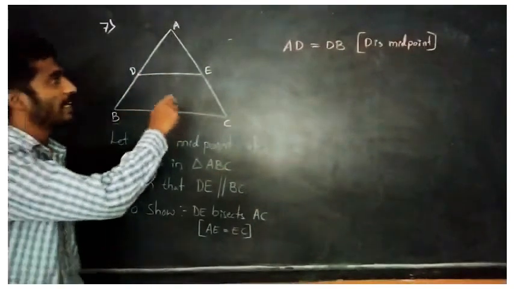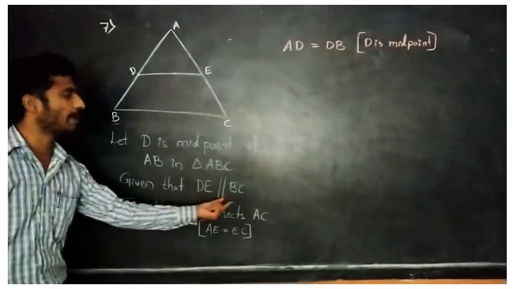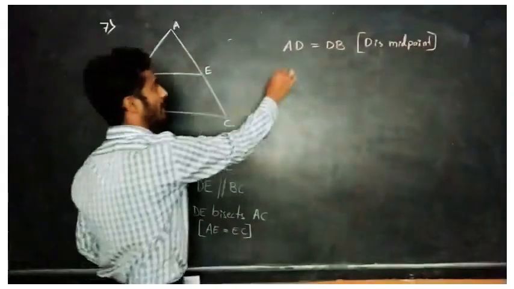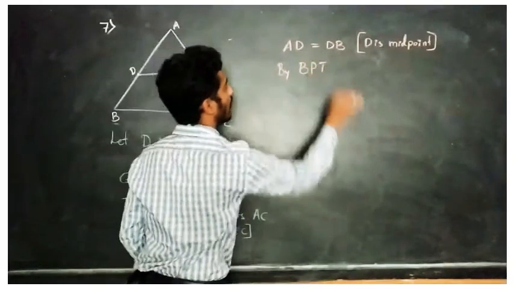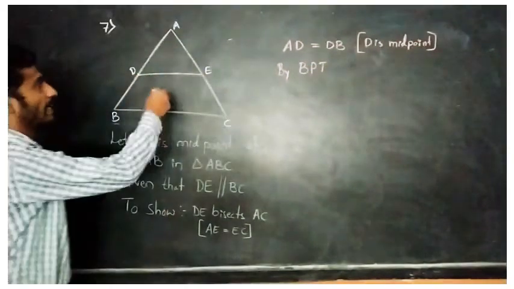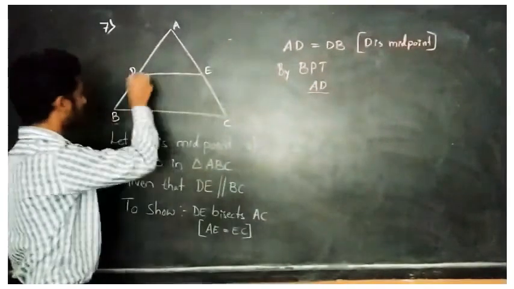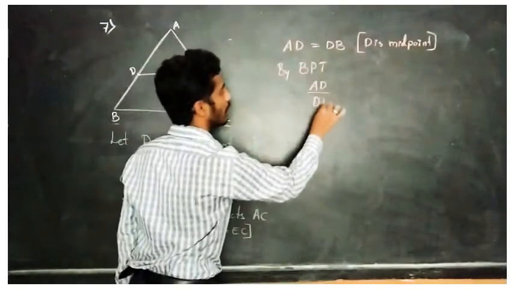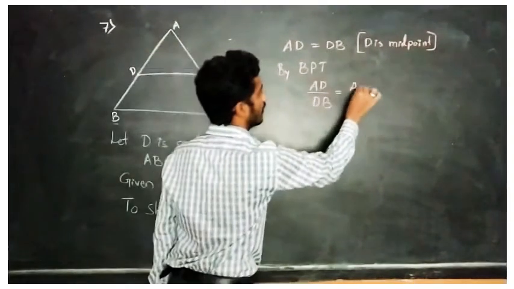That's why AD equal to DB. And another thing they given, DE is parallel to BC. Then by BPT, what do we get? We get AD by DB equal to AE by EC.